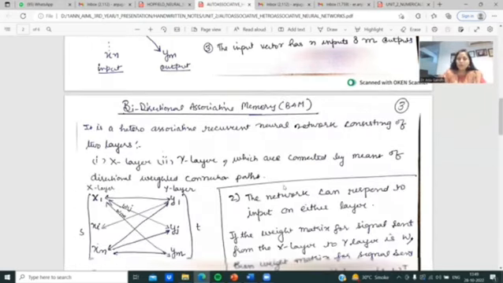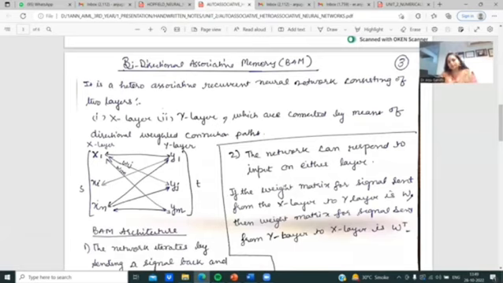Now, one very important topic in associative memories is bidirectional associative memory, which is also known as BAM, right? It is a hetero-associative recurrent neural network consisting of two layers. We have studied auto-associative, we have studied hetero-associative, and now we are studying bidirectional associative network.